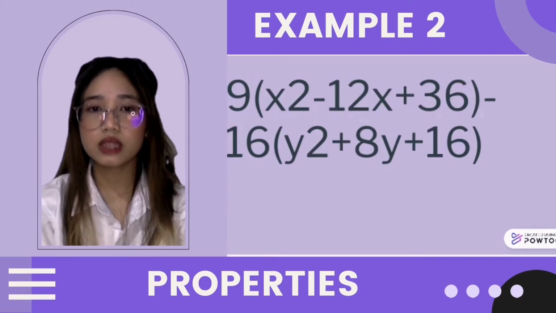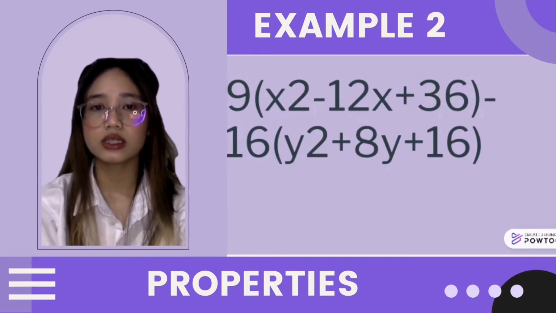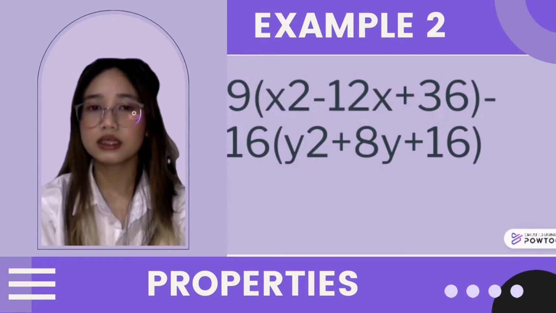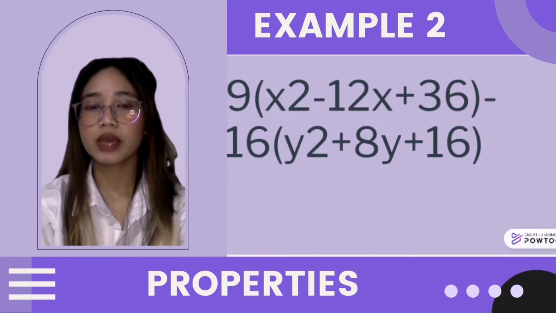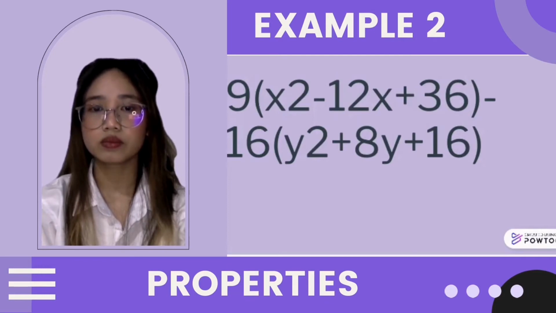Minus 16 (y squared plus 8y plus 16). We get the 8y because 128 divided by 16 is 8. We get the 16 by 8 divided by 2 equals 4, and 4 squared is 16.